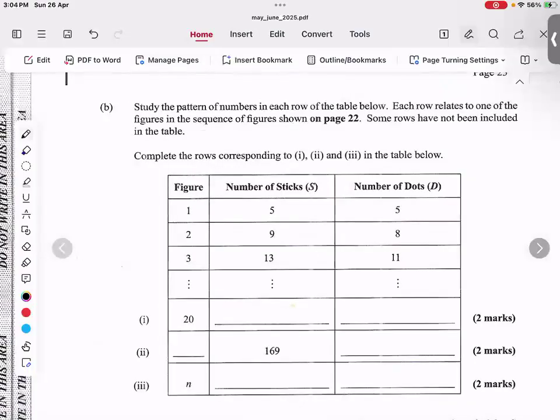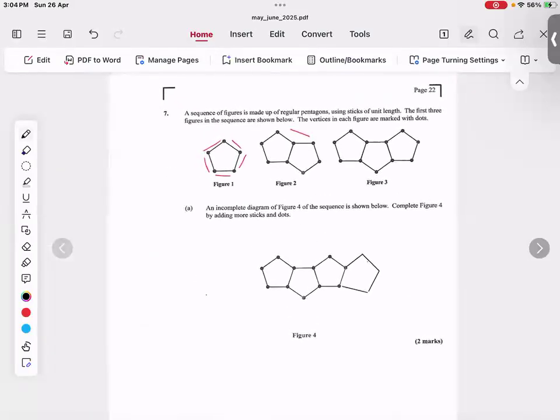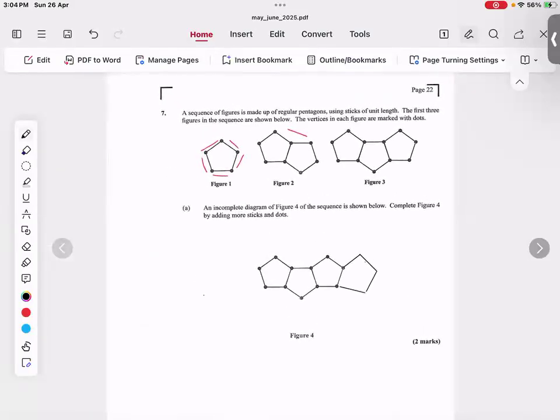Wouldn't it match the second pentagon, or does it matter? I think it's supposed to be like so. Basically, if you notice, it's going in order.